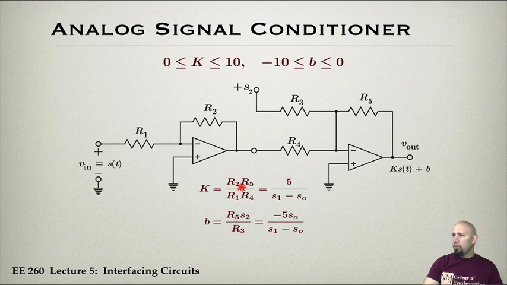So in other words, when we choose a resistor, we may have to choose K a little bit smaller in order to make this happen, and that may require an additional shifting on B. But anyway, that's the kind of thing that we need to do. We may need some change here. Okay, so that is the analog signal conditioner, the scaler and shifter circuit.